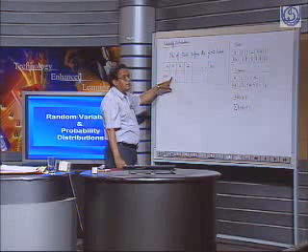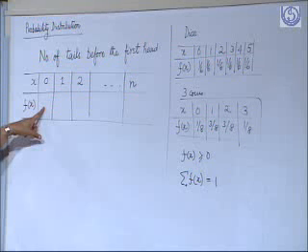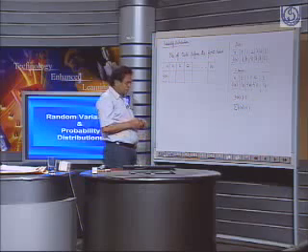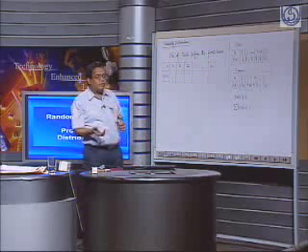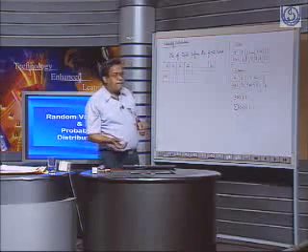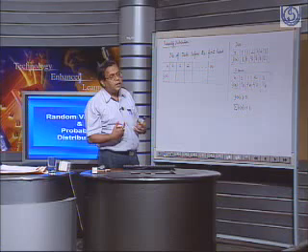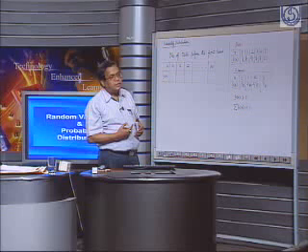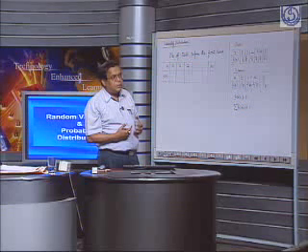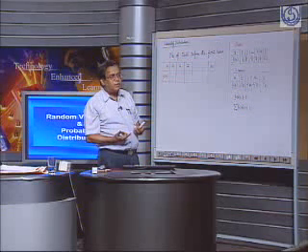What is the probability? 1 by n? Why 1 by n? First throw means how many throws? 1 throw. So effectively you are working out the probability of getting a head in 1 throw. That is how much? 1 by 2. As simple as that.